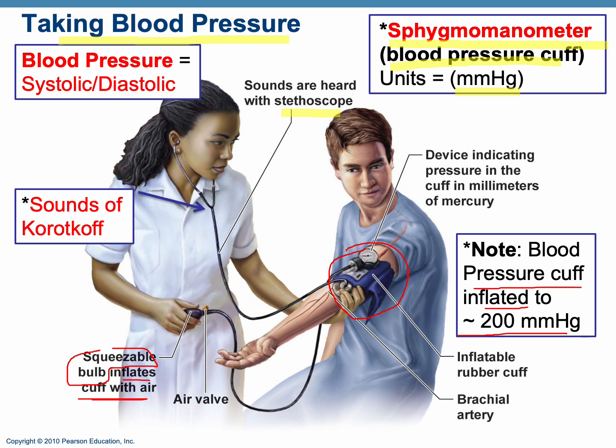And you'll get it to that point, and then slowly you'll release the air. You have an air valve here. So you're slowly going to release the air, and you're looking for sounds. And this is ultimately going to be sounds that are the result of the brachial artery that you're listening to for constriction versus no constriction. So something important to consider here.